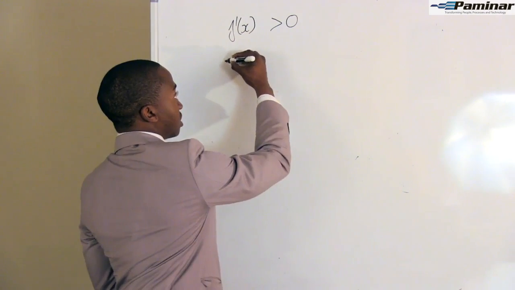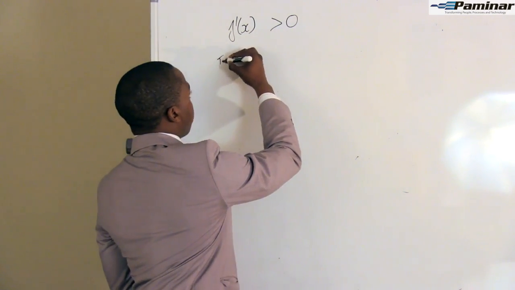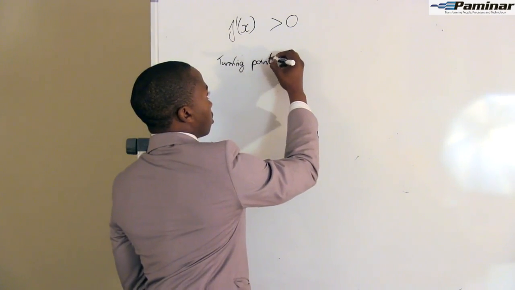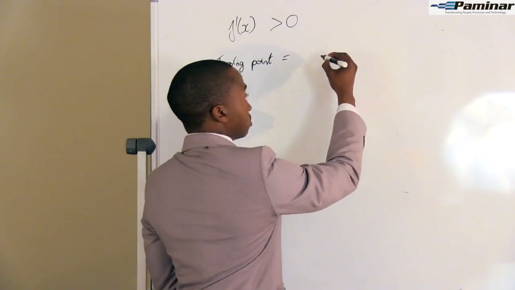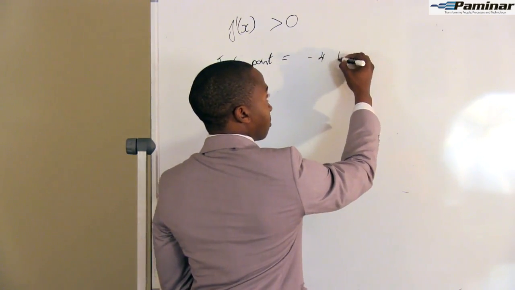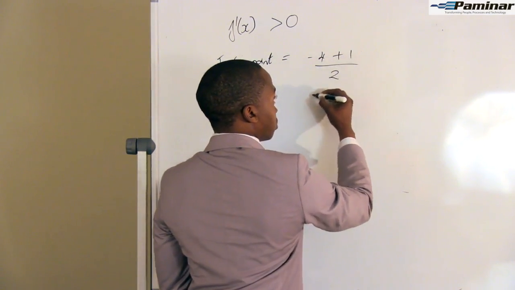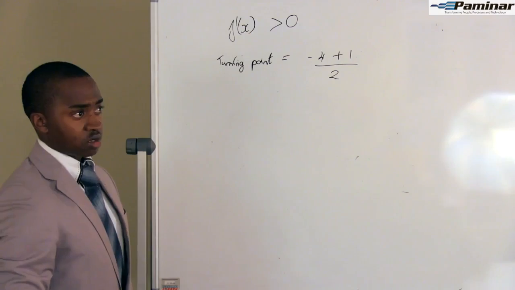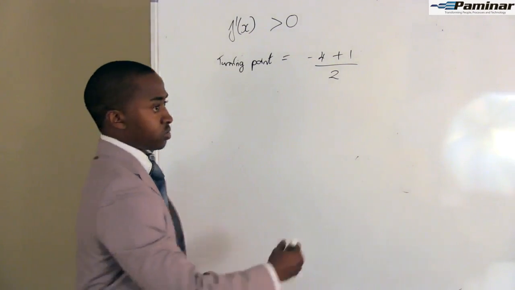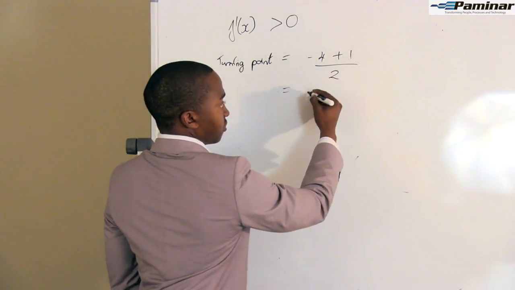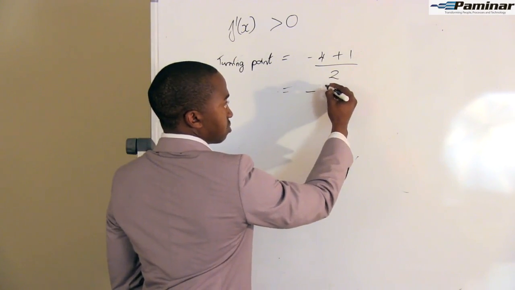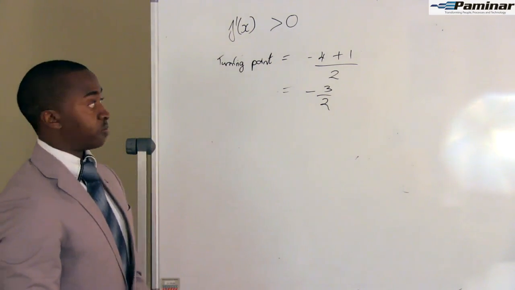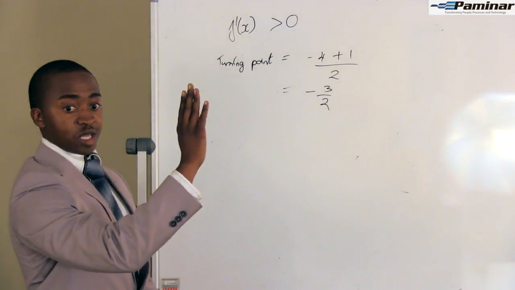So turning point equals -4 plus 1 all over 2, which is -3 over 2.